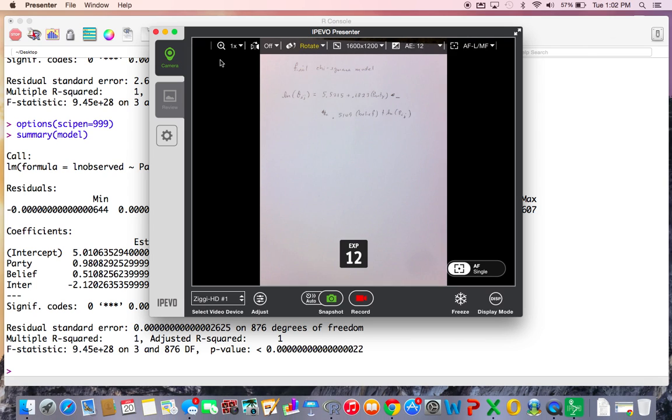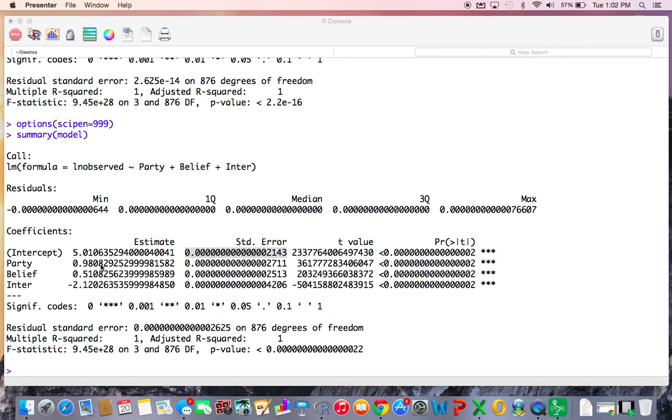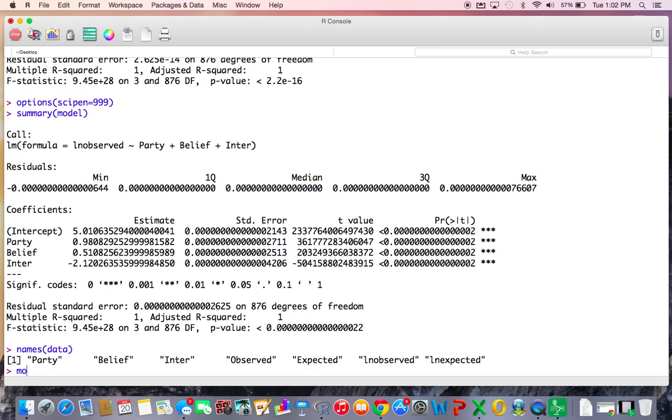So guys, if we go back into R, and again, I want to go names, data. So what I want to do now is create model 2.